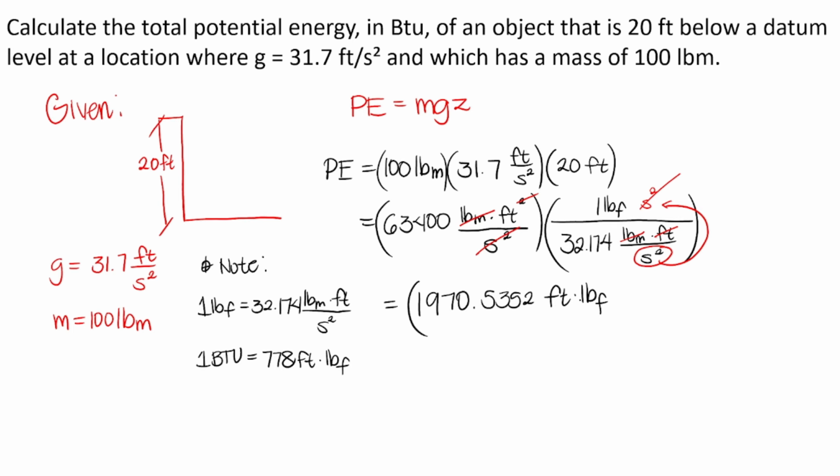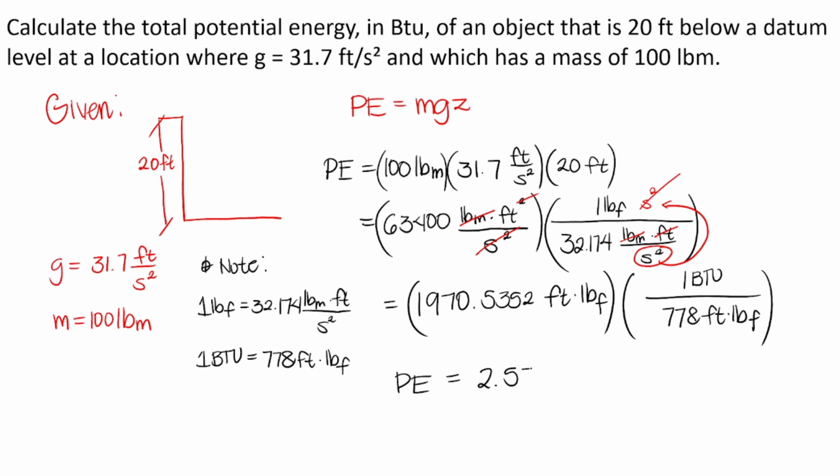So, using that conversion, pressing that into your calculator, our total potential energy in British thermal unit is equal to 2.5328 BTU. And this is our final answer. Again, kailangan lang natin tandaan yung mga factors and conversions to be able to solve problems regarding energy, alright, and thermodynamics.